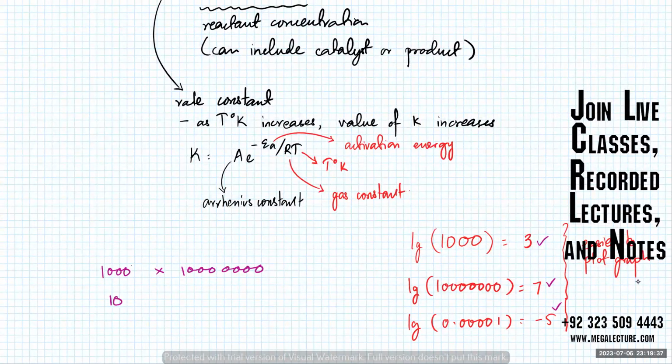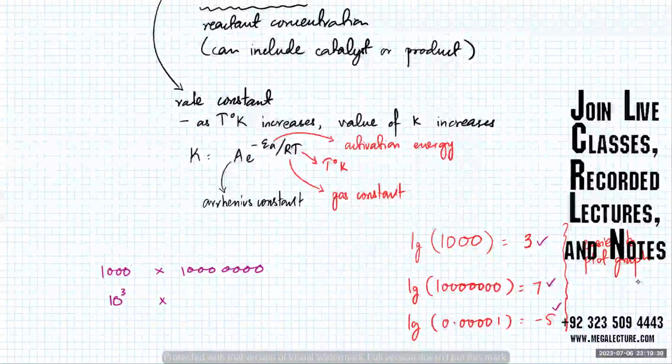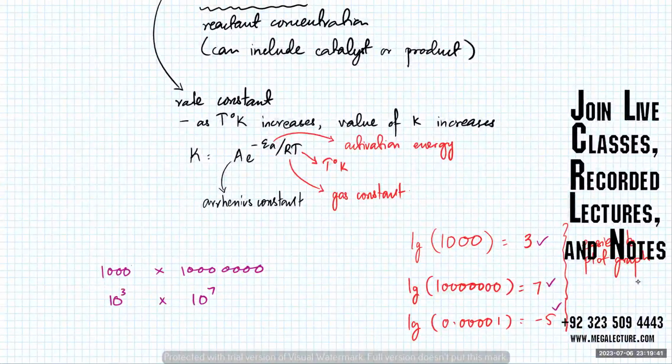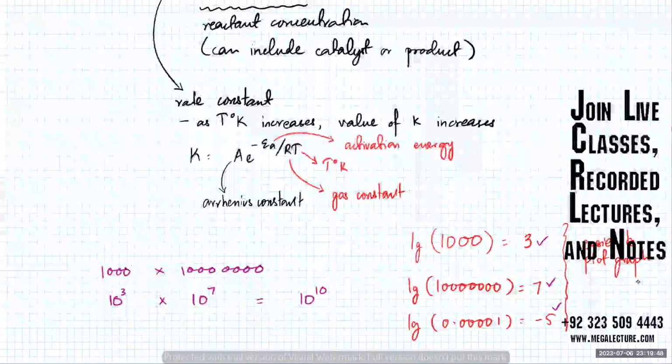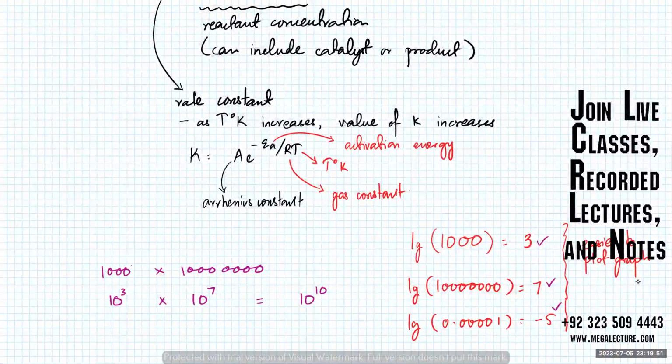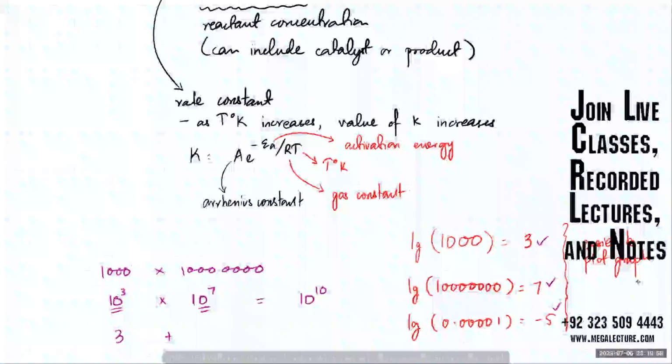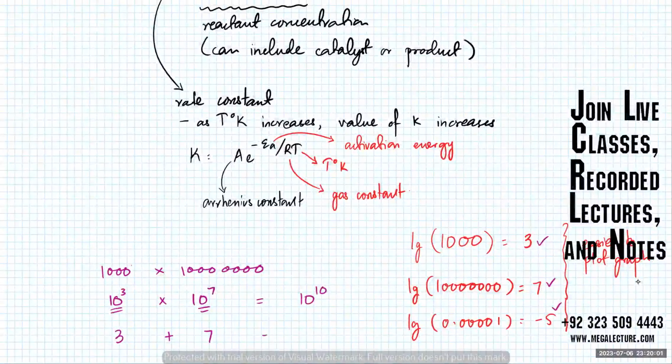This is 10 power 3 and this is 10 to the power 7, right? So what's your answer going to be? It's going to be 10 power 10, right? Is that clear? Yep. And in terms of log, if I take the log of this, this will be 3 and this will be 7. So the answer, if I take the log of the product as well, is going to be 10, right? So it's basically just simple addition. Things that have powers just turn into simple addition.